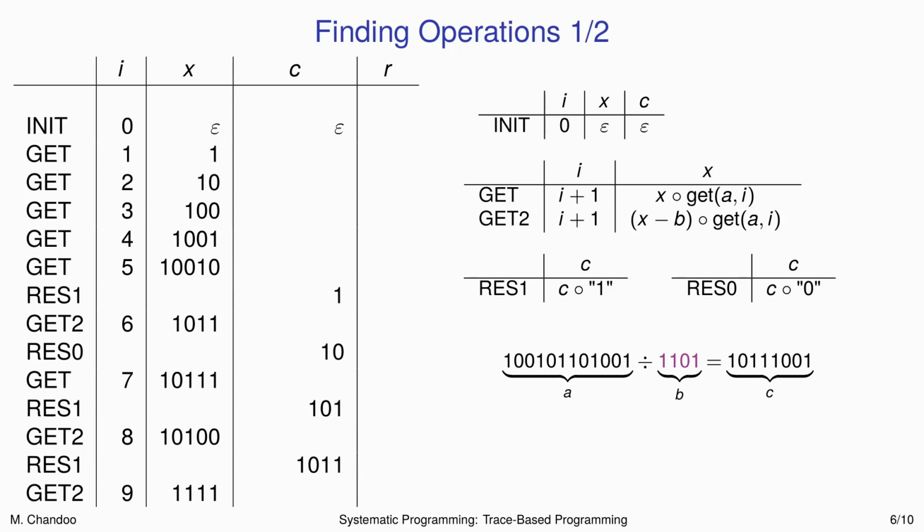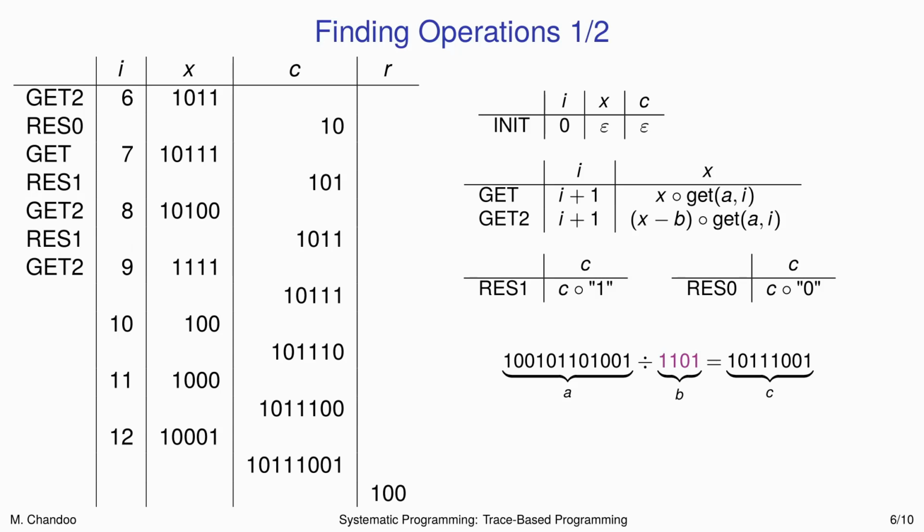Now we can continue with the rest of the table. If c is changed and ends with 1, it must be a res1 operation. And if it ends with 0, it must be res0. After res0 comes get, and after res1 comes get2.